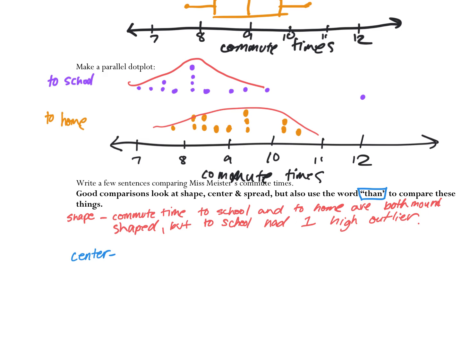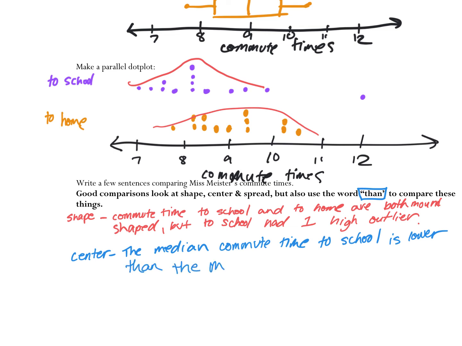If I'm comparing two different groups, that's when I might say the median commute time to school is lower than the median time from school to home. And if I wanted to be really specific, I might say something along the lines of 8.125 is smaller than 9.